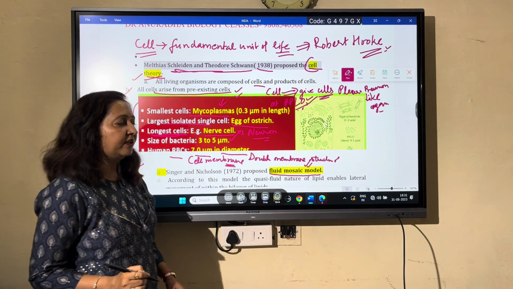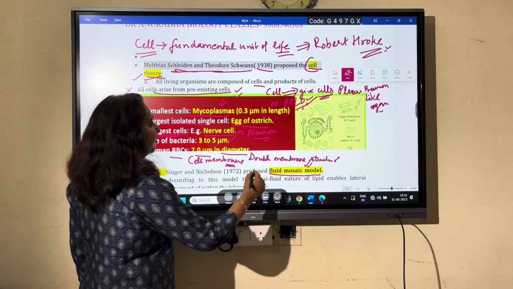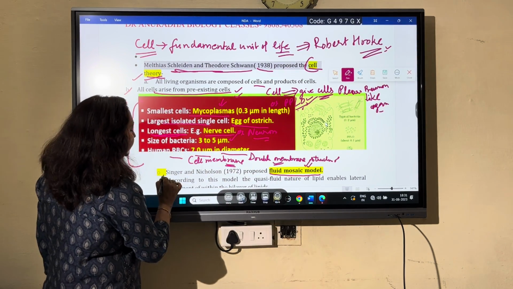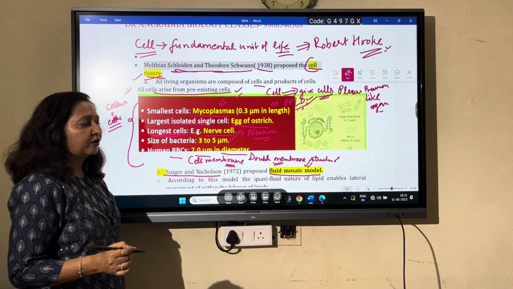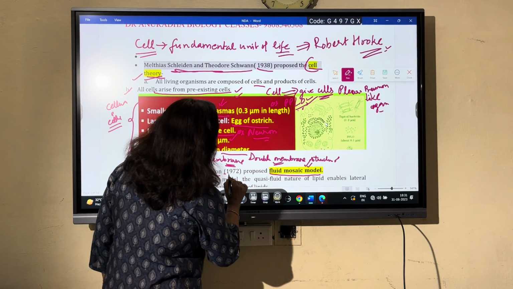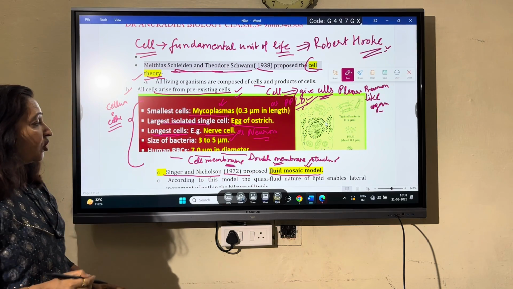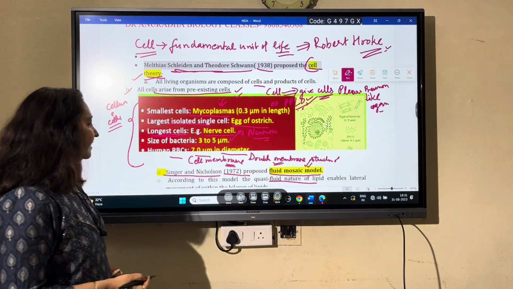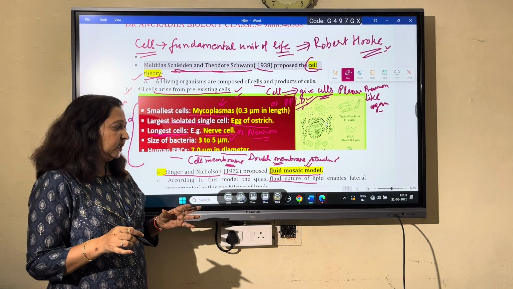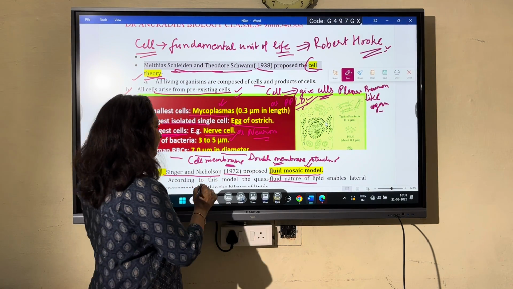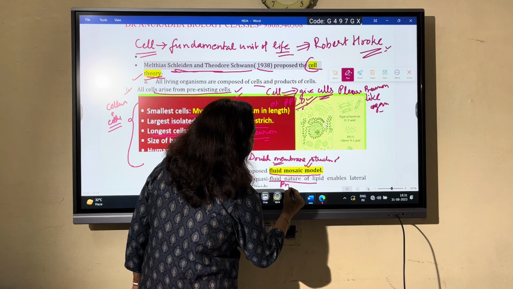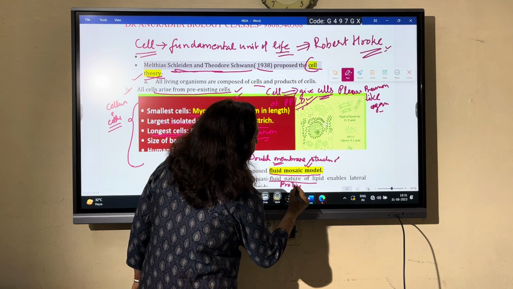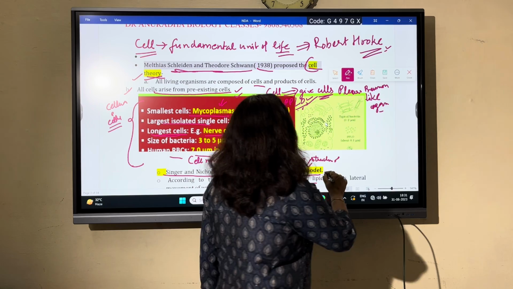It is a widely accepted model and it is known as the fluid mosaic model. Singer and Nicolson were the scientists who gave the fluid mosaic model, in the year 1972. According to this model, there is a quasi-fluid nature of lipid, and in this quasi-fluid lipid there are proteins which are floating. So this is again important, the fluid mosaic model.